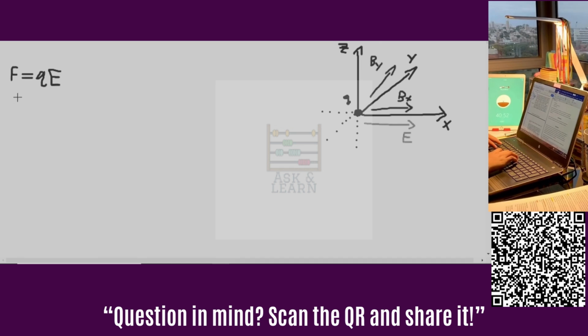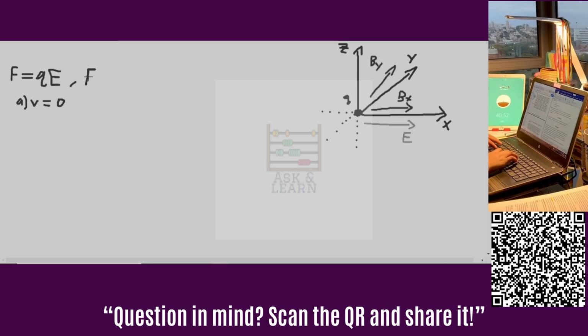For part A, we have V equals 0. No velocity. Oh, we need to have our other equation here.